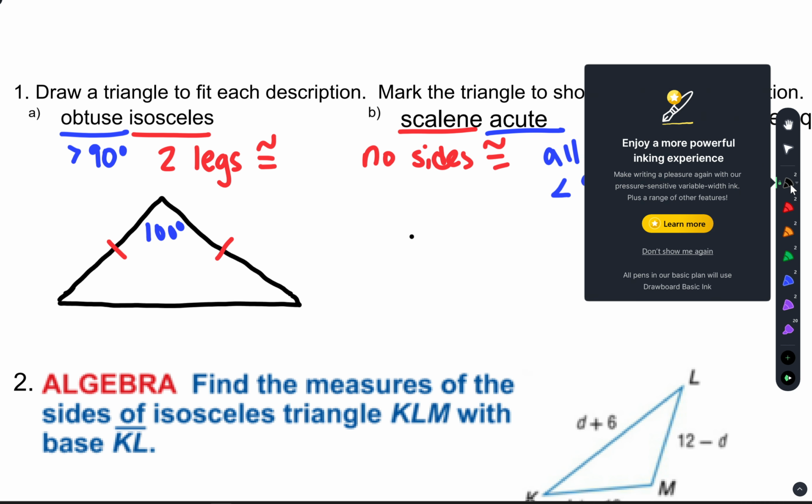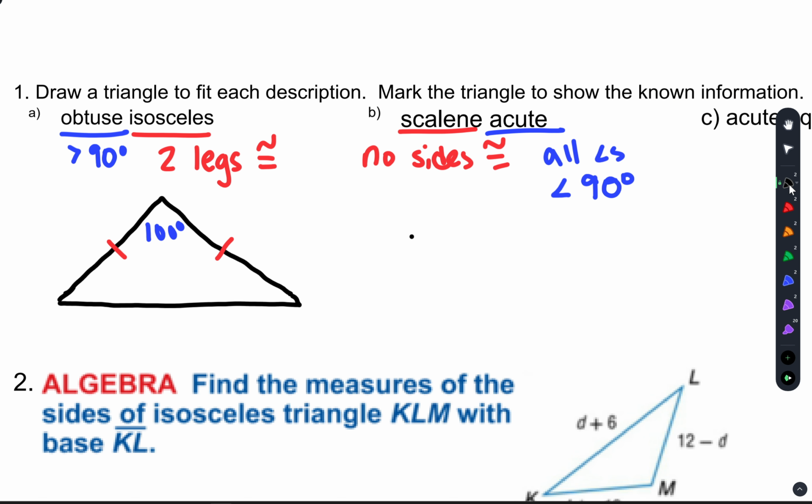So let's draw another triangle. None of the sides are congruent. All of the angles less than 90 degrees. Let's do something like this. Sure, that works for me. We have to mark that the sides are not the same. So I'm going to put different tick marks on all of them. And I have to mark that these angles are all different.